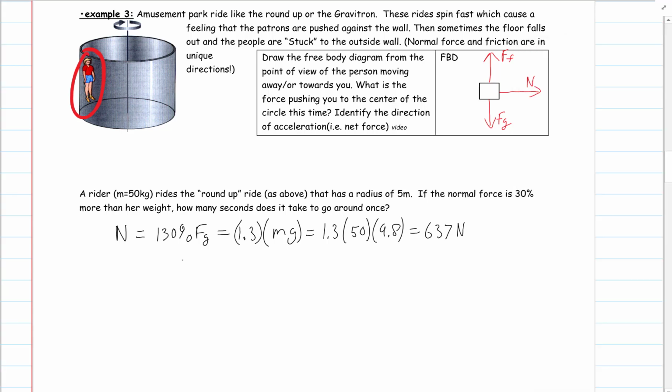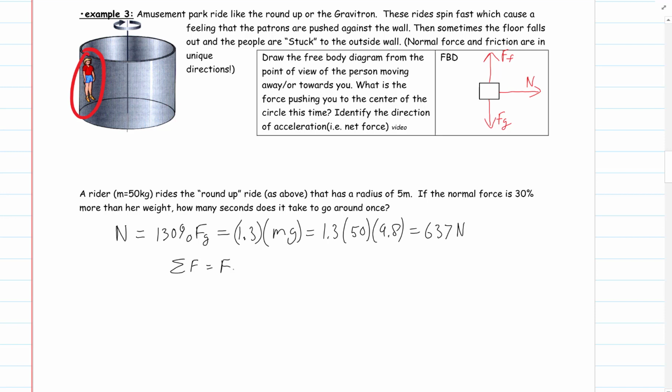Now, the sum of the forces is going to equal the centripetal force, which equals m a_c. There's only one force in this question that's pushing towards the center, and that's the normal force, and we have its value.